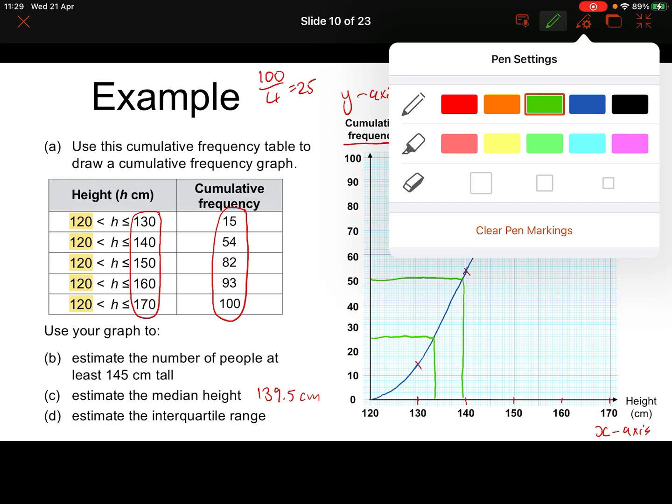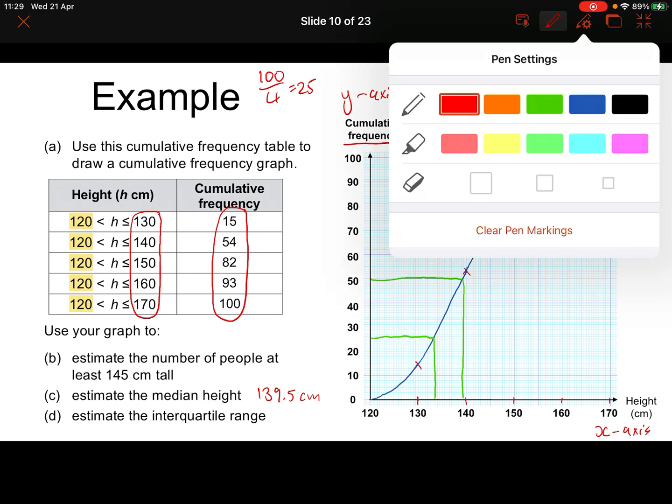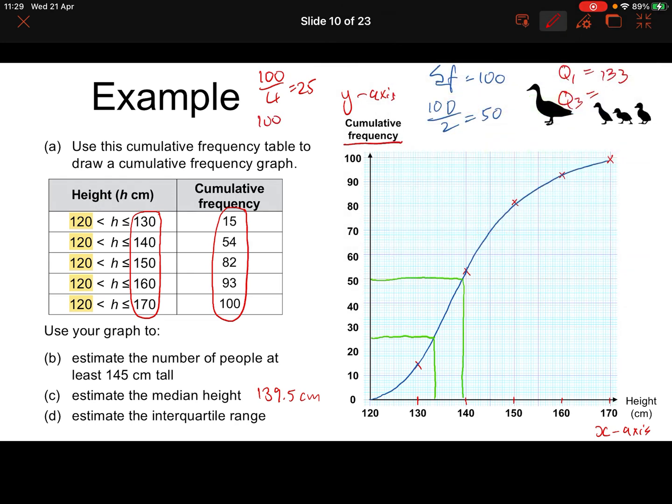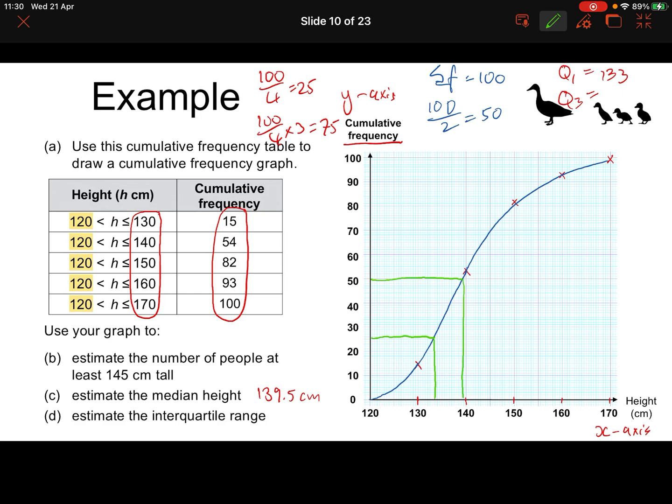Obviously, the scale on here is really annoying. I think Q1's about 133. And I need Q3 as well. That will be the 75th percentile. So I'm going to do 100 divided by 4 times 3, which is 75, the 75th percentile, or you can do 0.75.